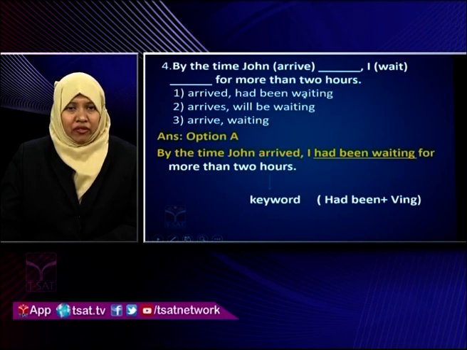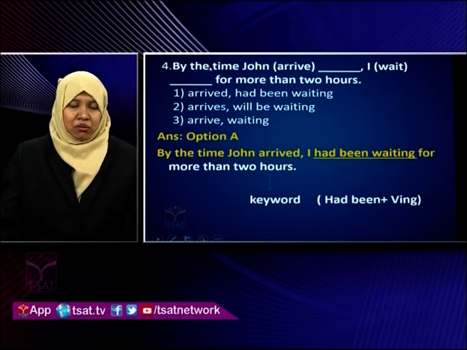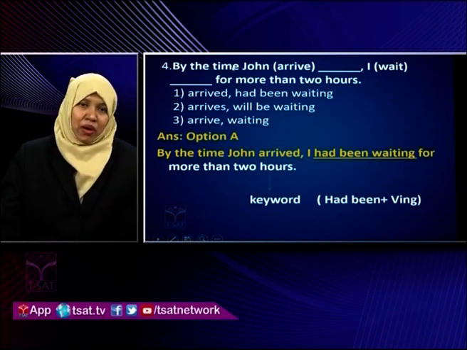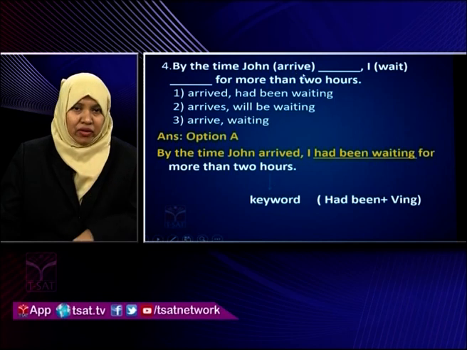Arrived, had been waiting, arrives, will be waiting, arrived, waiting. Now if you look at the options, in the first part of the sentence, by the time is mentioned. This is another clue. When you talk about by the time John arrived, you are talking about past tense. By the time John arrived, the verb here should be in simple past, arrived.